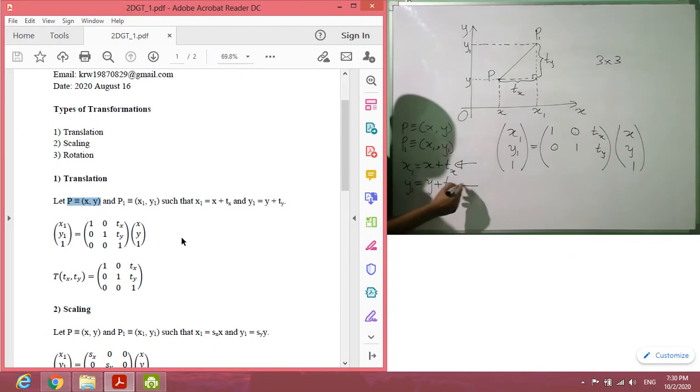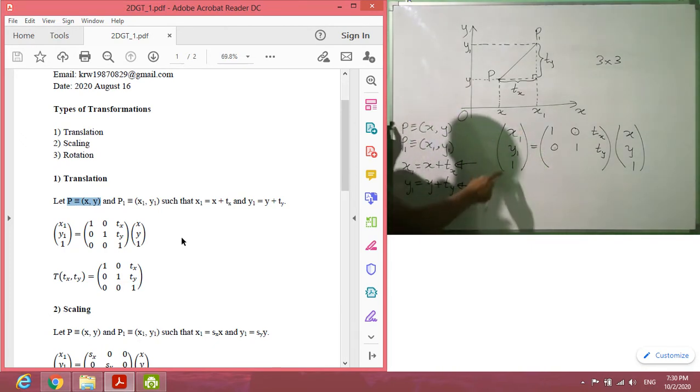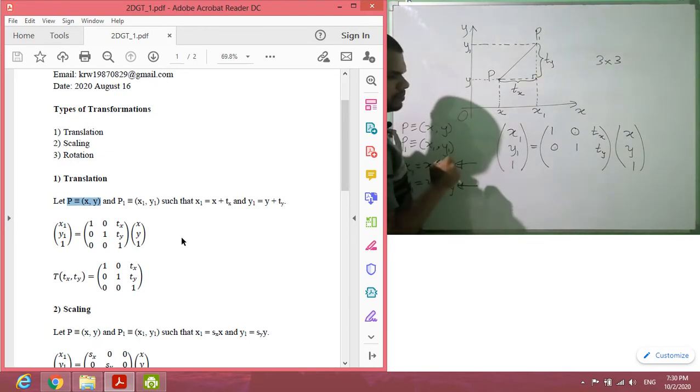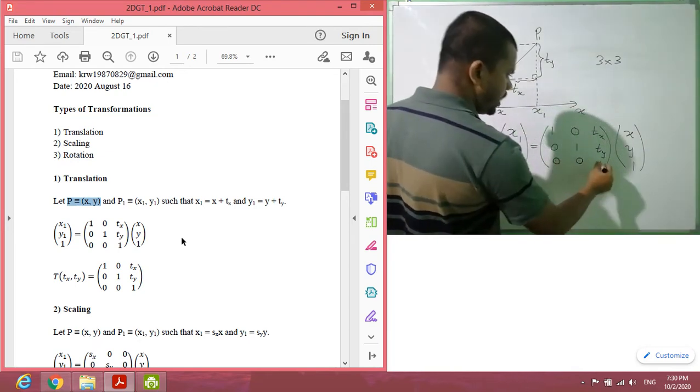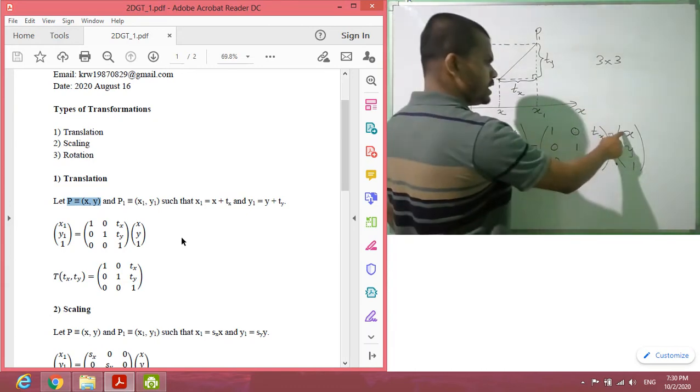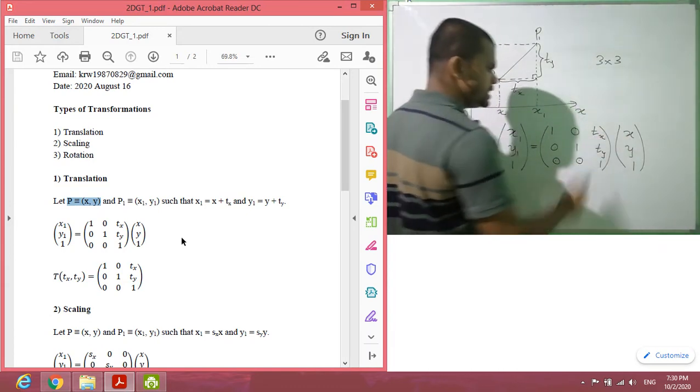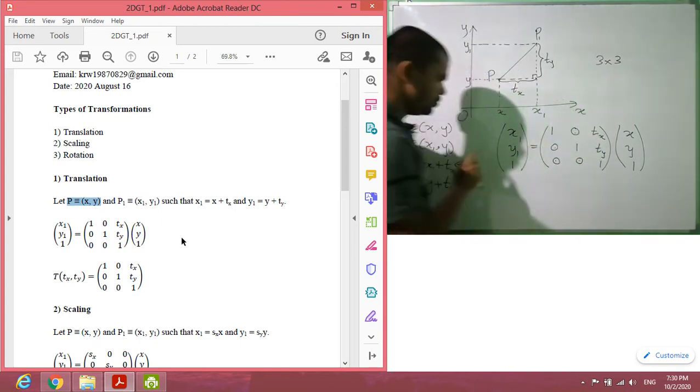So you can get this part, and now here we have 1. In order to get this, you put 0, 0, 1. 0 into x, 0, 0 into y, 0, 1 into 1, you get 1.